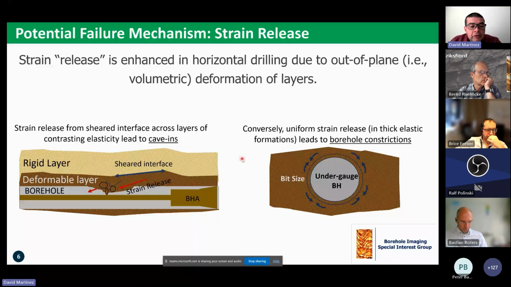When instead of a rigid layer followed by a deformable layer, what we have is a very thick, highly deformable clay bedding with high Poisson's ratio, the borehole has a uniform hoop stress all around.